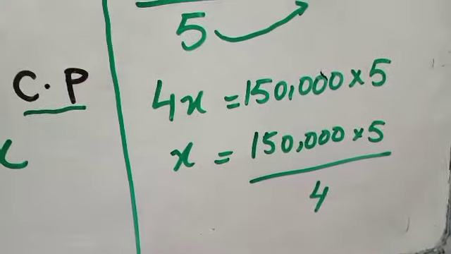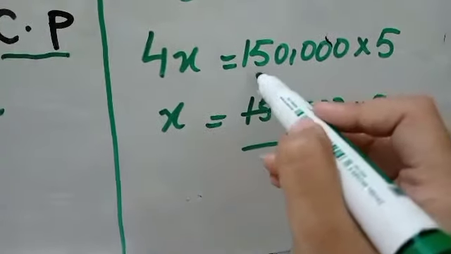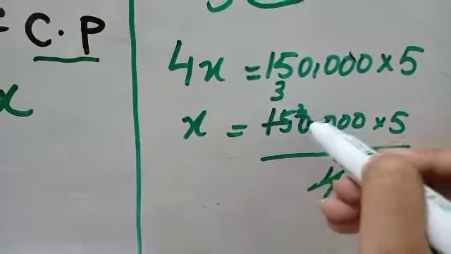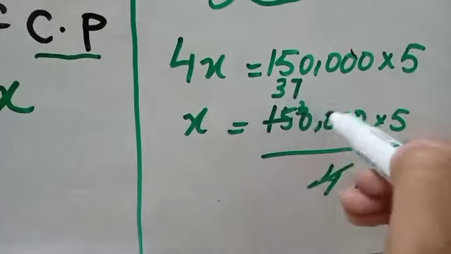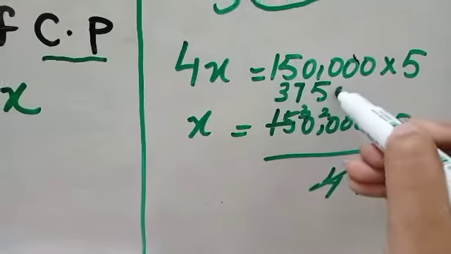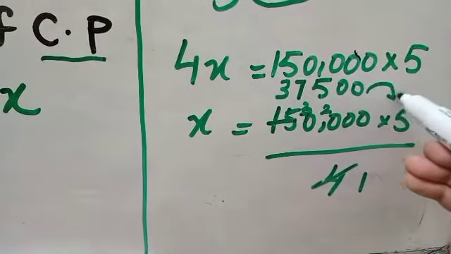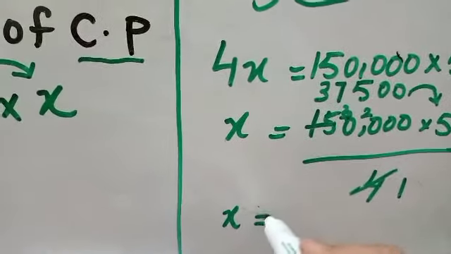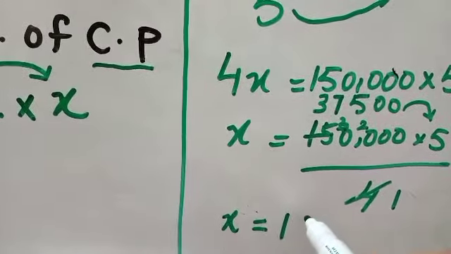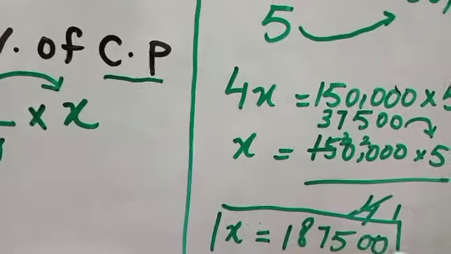Now we will do cancellation. 4 ones are 4, 4 threes are 12, 2 is left. 3 is left, 4 sevens are 28, 2 is left, 4 fives are 20, 0 0 will come up. This 37,500 will multiply with this 5, and after multiplying in the rough column, you will see the answer is 187,500. This is your answer.